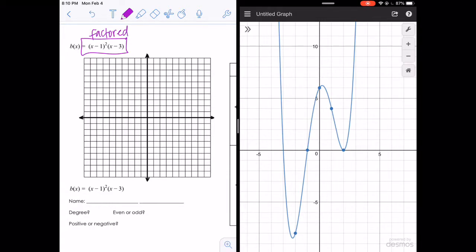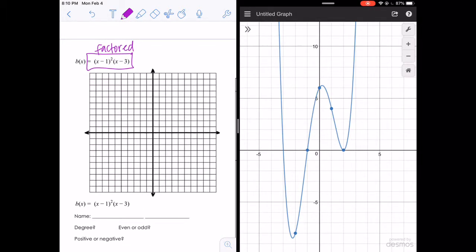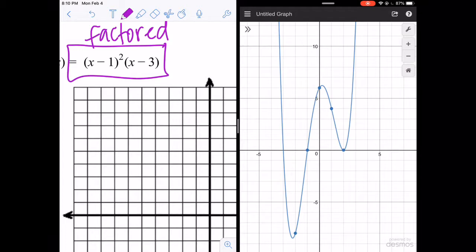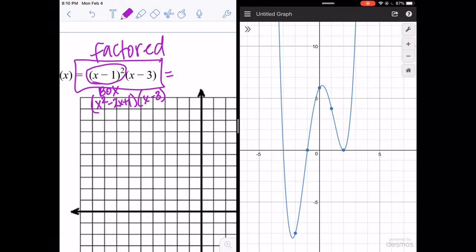And in factored form, we need to figure out what degree this is. If you can imagine, I'm doing this part and I use the box, you can probably imagine that I'm going to get x squared minus 2x plus 1. And then I'm still going to have to multiply times this here.